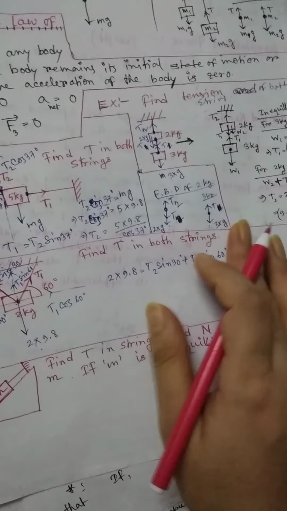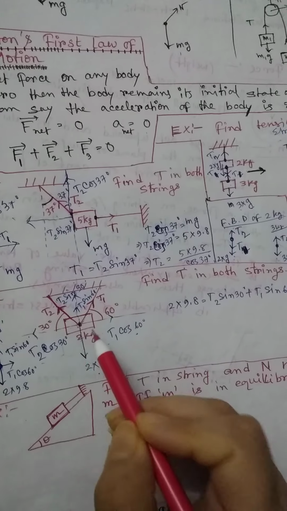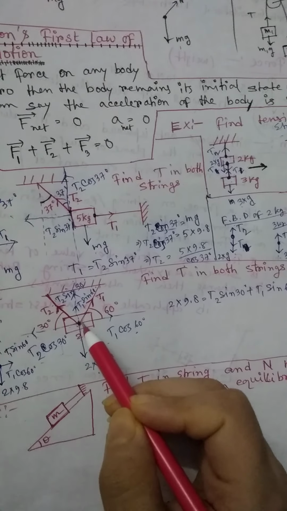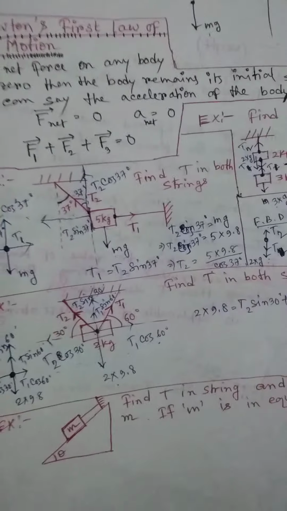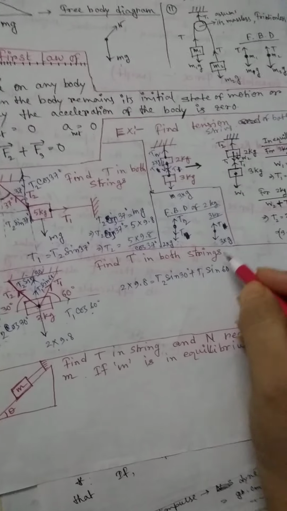Okay, and the other equation is T1 cos 60 equals T2 cos 30. This force is cancelled by this force, and this force is cancelled by the sum of these two forces. That's why the body is at rest.